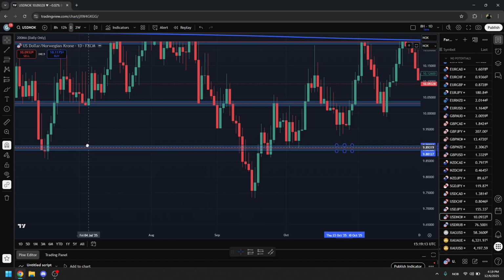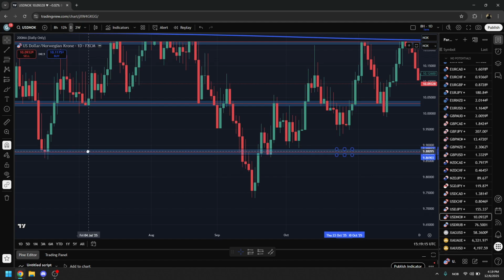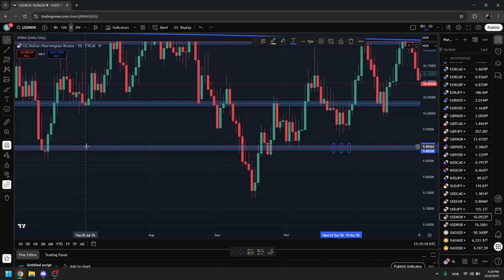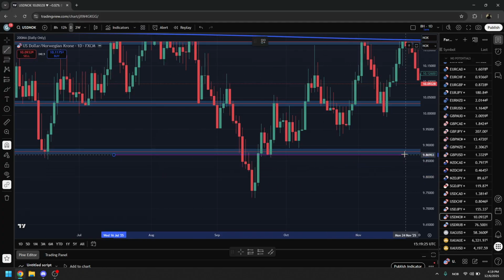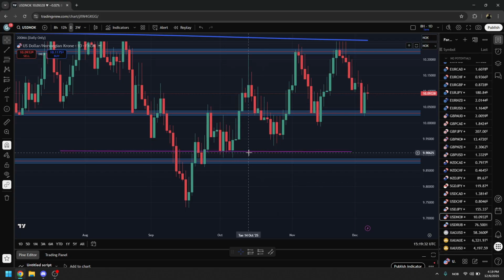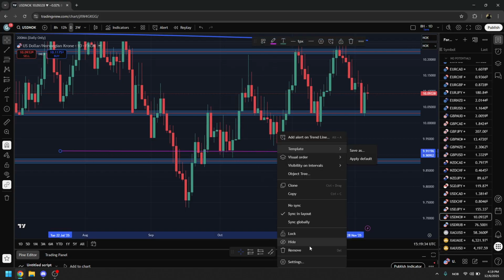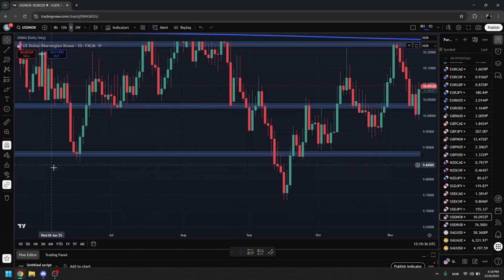There's no specific exact point here or here or here. You see what I mean? There's no right answer, and that's why I don't make lines, because it's not a line like that. It's an area where there's volume.